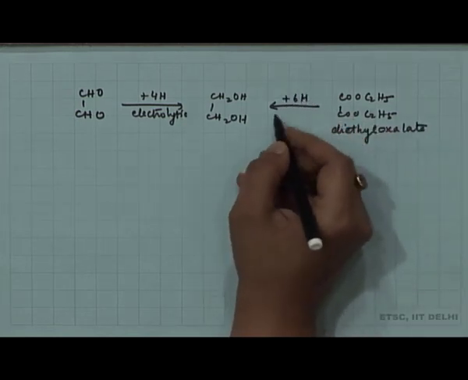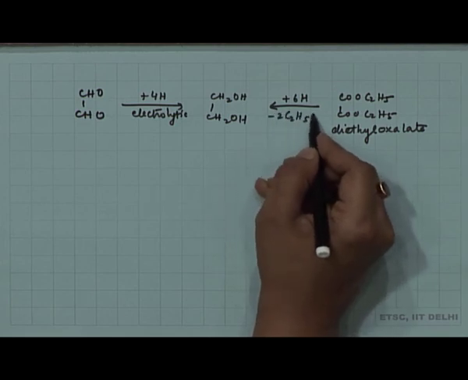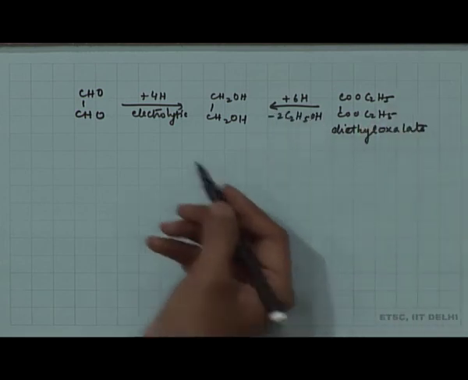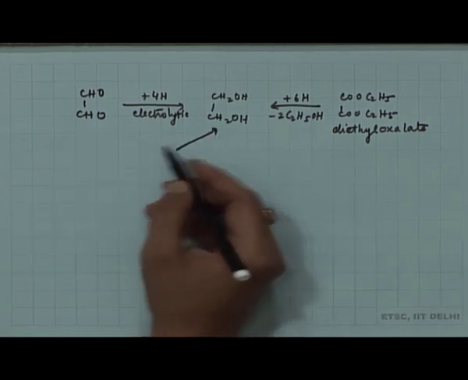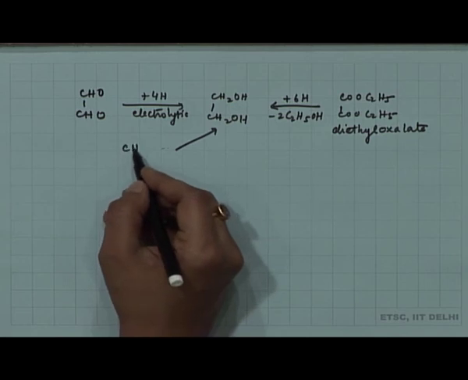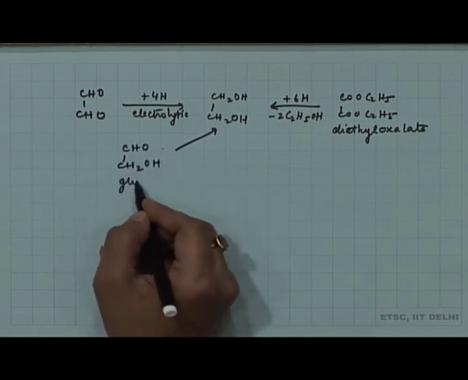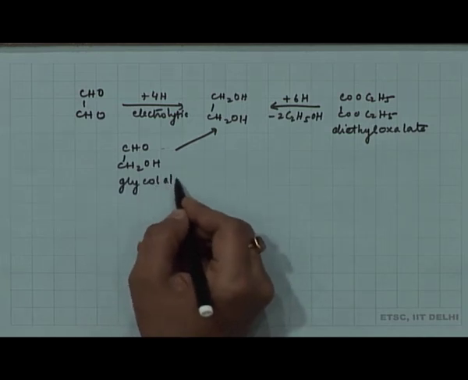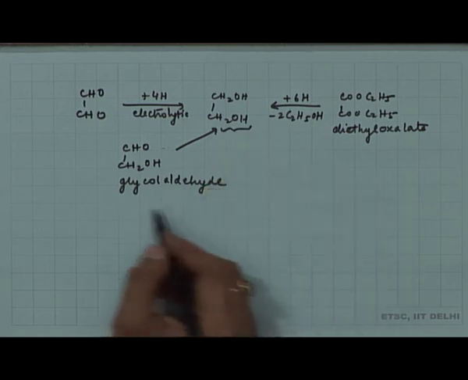Again, you can carry out the same thing. This involves loss of 2 molecules of the alcohol. You can also get the same compound starting from half aldehyde, which is glycol aldehyde, to give you this glycol.